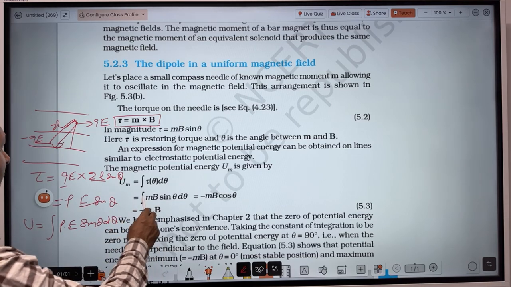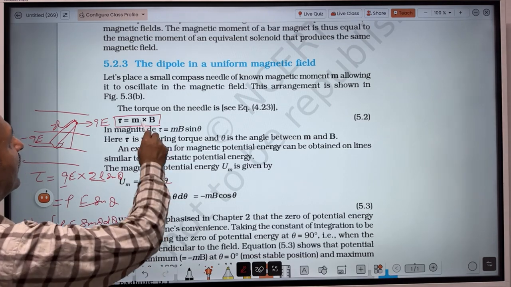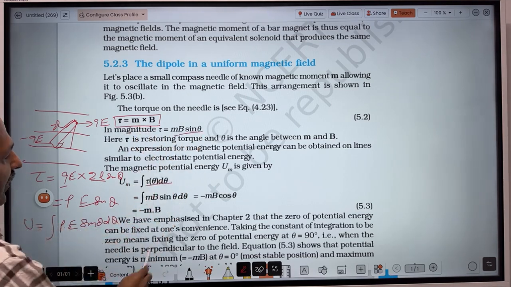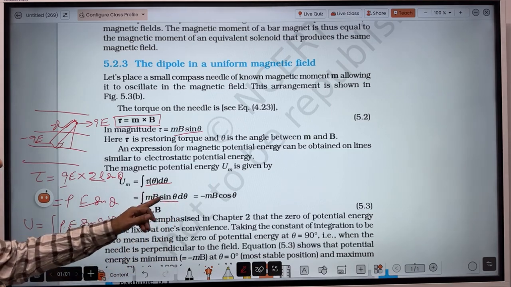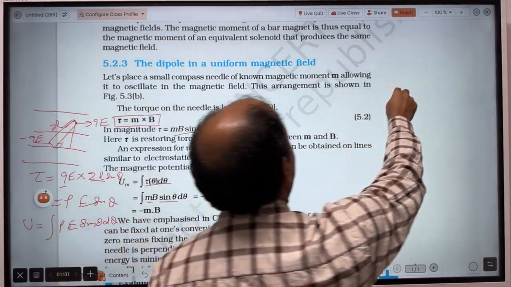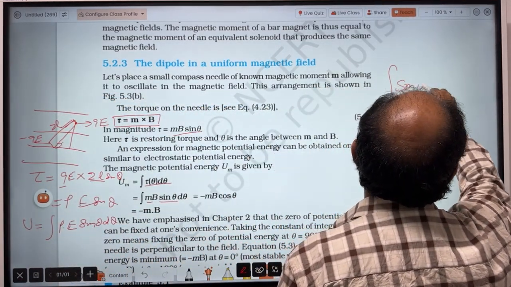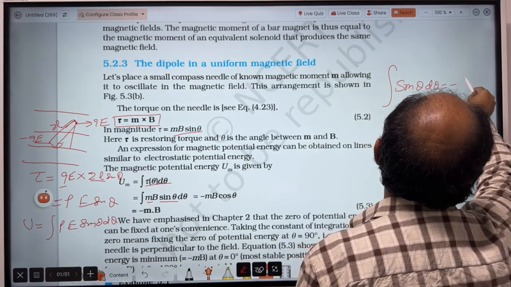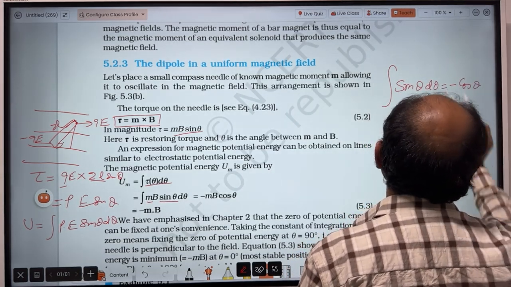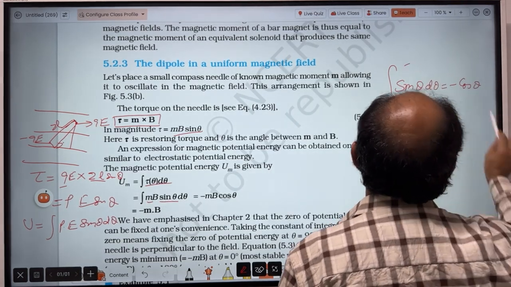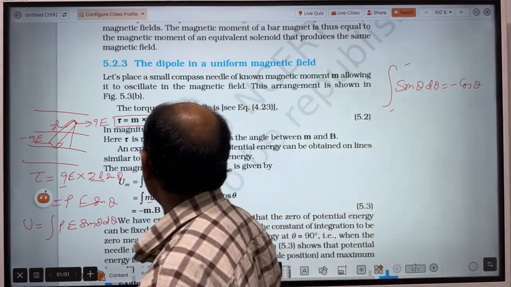So we write the integral of tau d theta, where tau is MB sine theta, and we integrate it. If you remember, the integration of sine theta d theta gives minus cos theta plus c. If we put limits, c will disappear. The same thing is happening here.